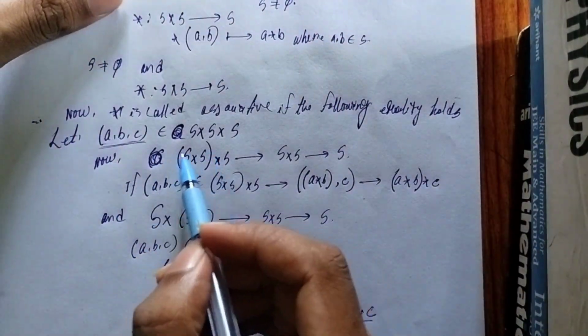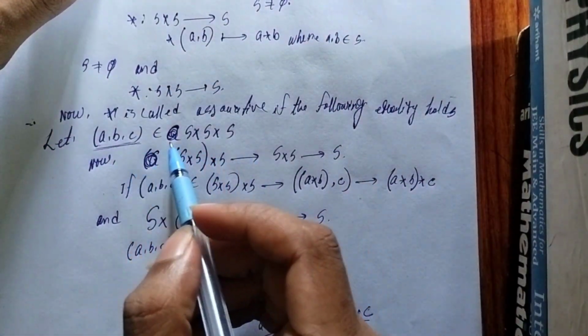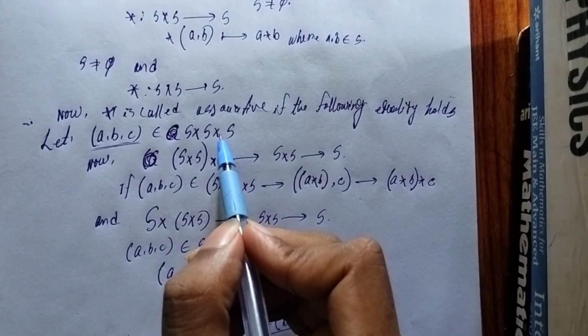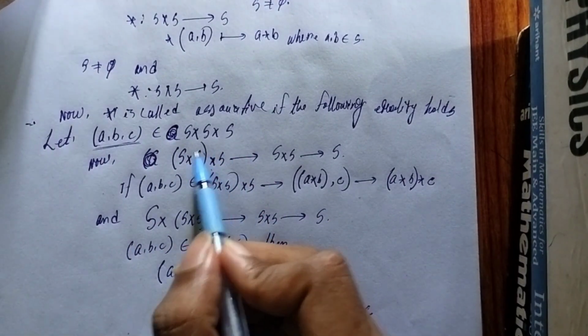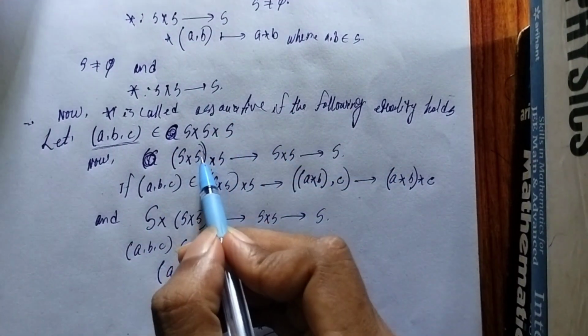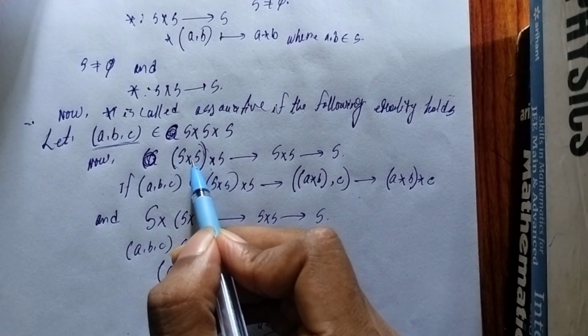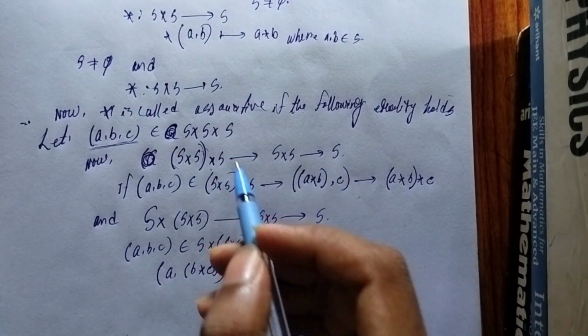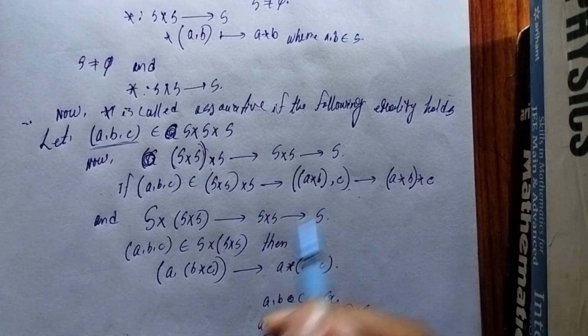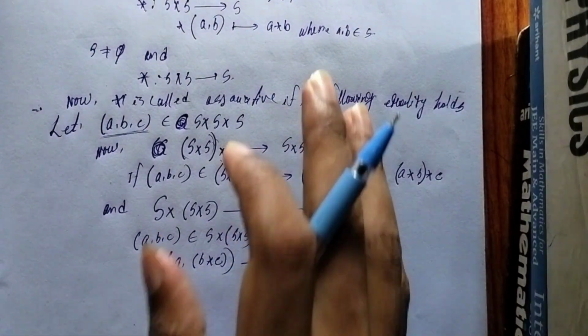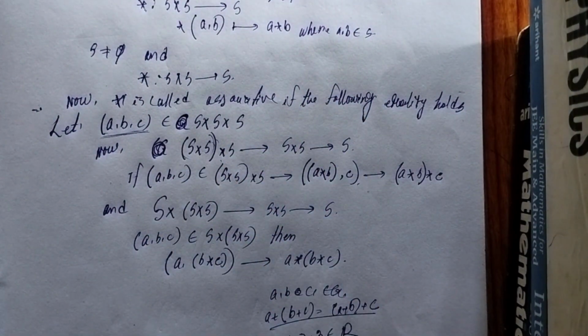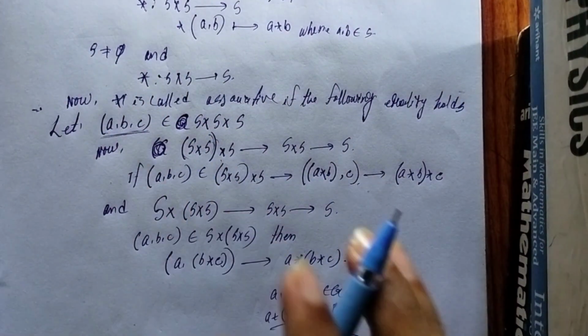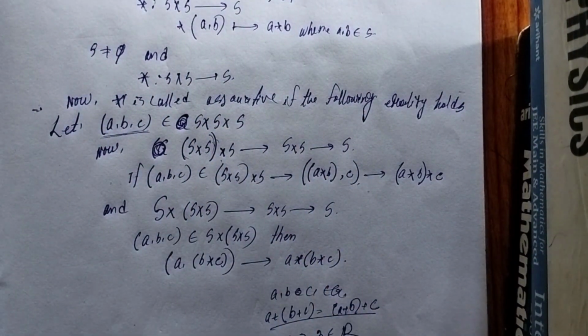If (a, b, c) belongs to S cross S cross S, then for the associative law we take the bracket on the first two elements and leave the last element alone like this. If you go through this definition, I think you will be able to understand what I am trying to say. We are just taking the ordered triplet, nothing else. Everything else is the same in the definition. So this is the definition mathematically.